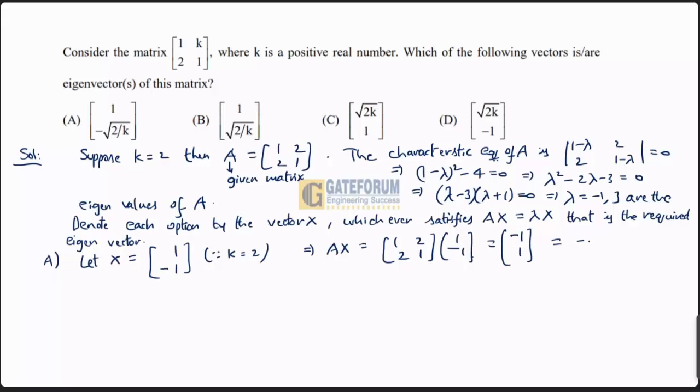This can be written as minus 1 into [1, minus 1], which is in the form of one of the eigenvalues, lambda equal to minus 1, and this vector is the corresponding x. So this is satisfying Ax equal to lambda x. Therefore [1, minus root 2 by k] is an eigenvector.